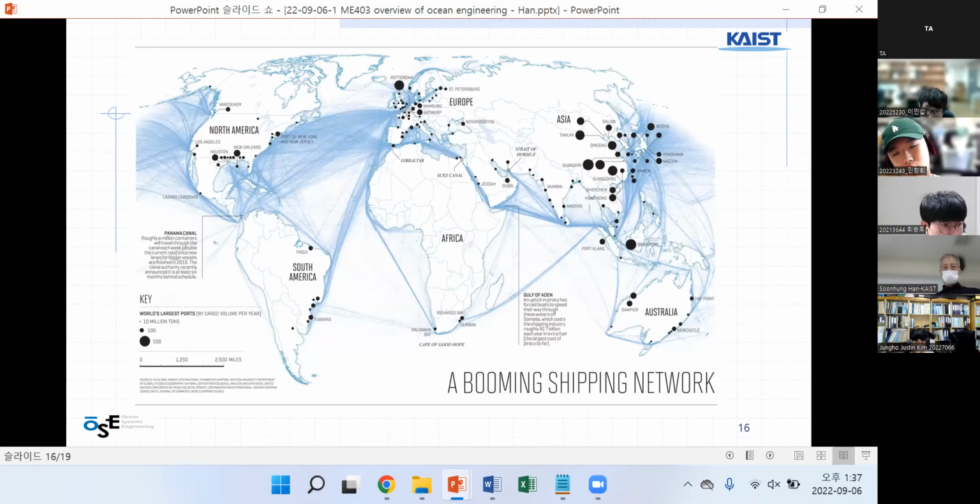And this one shows big ports around the world. So probably this is Rotterdam in Europe. Rotterdam is a big port there. I guess Long Beach looks like this one. Oh, this one.